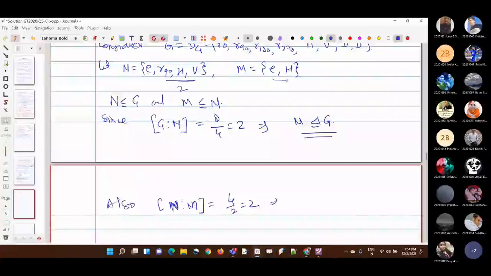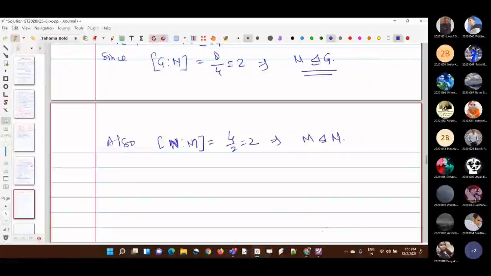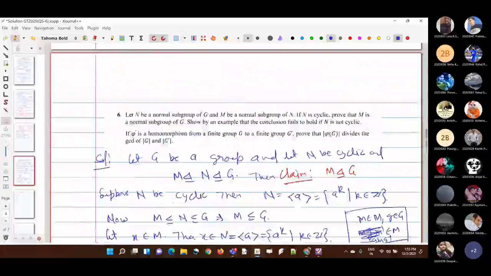This is equal to 2. This means that M is a normal subgroup of N. So all requirements of the result or assumption are fulfilled.